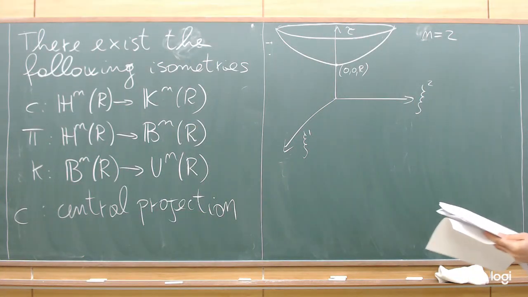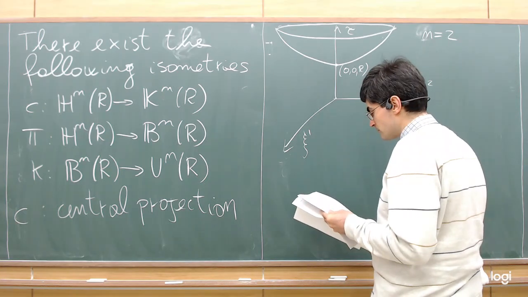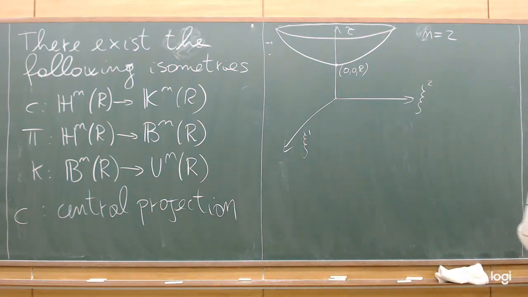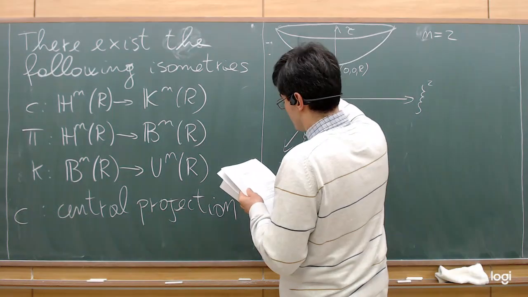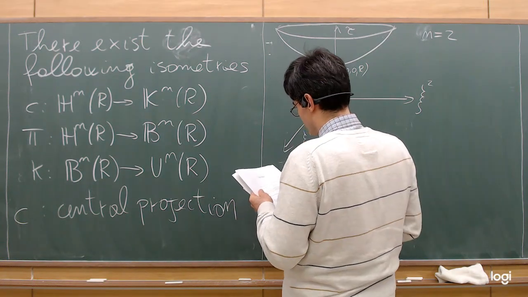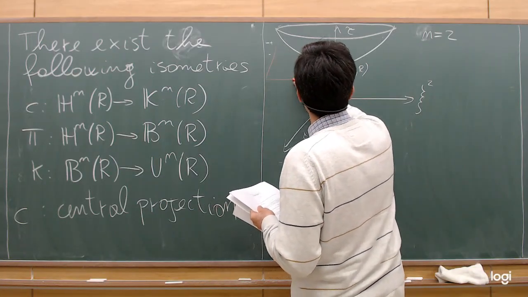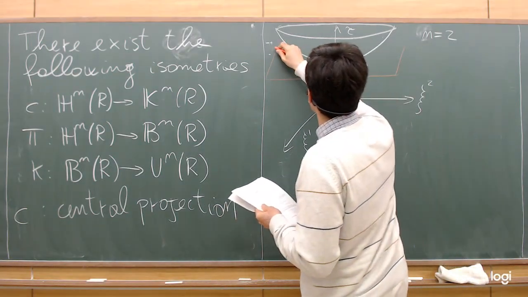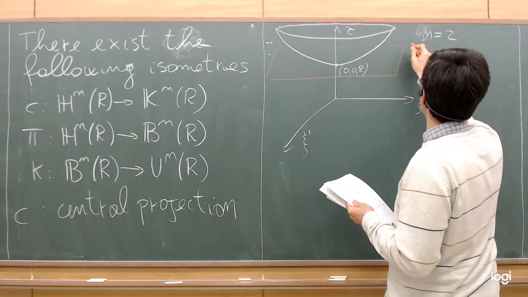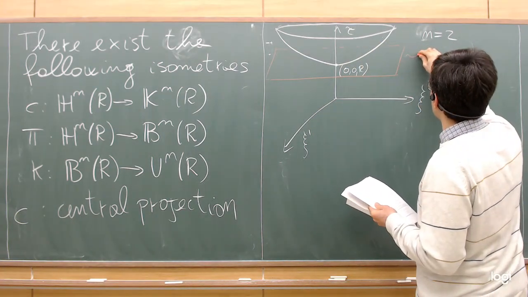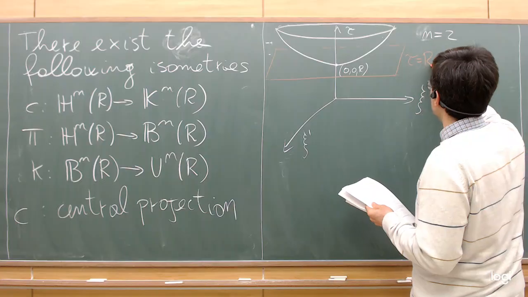Then you have to consider, let's use another color, a disk of radius r located on the plane of equation tau equal r.